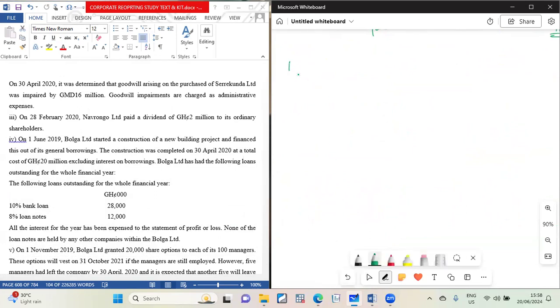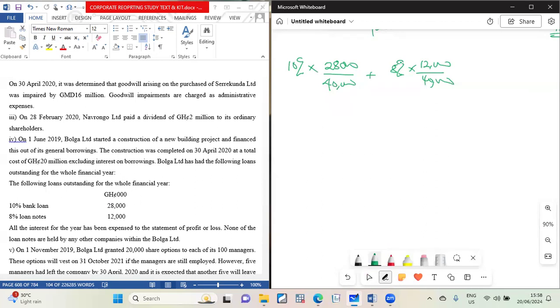We are going to do 10% multiplied by 28,000 over 40,000, plus 8% multiplied by 12,000 over 40,000. So we are finding the capitalization rate. All right, so how much would that be?